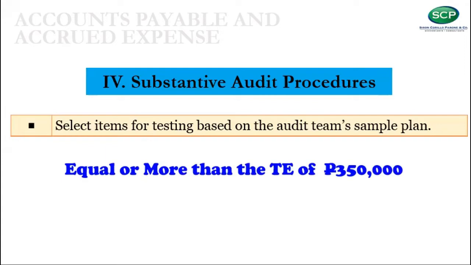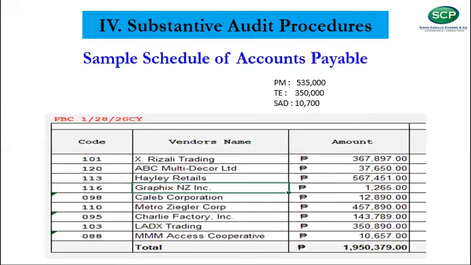So ito yung in-identify nilang high-value key items. Any liability equal to or above 350,000 pesos. In this regard, the accounts payable we will have to select are the following four vendors. The accounts of the following vendors will be selected for testing based on the sample plan of the team.